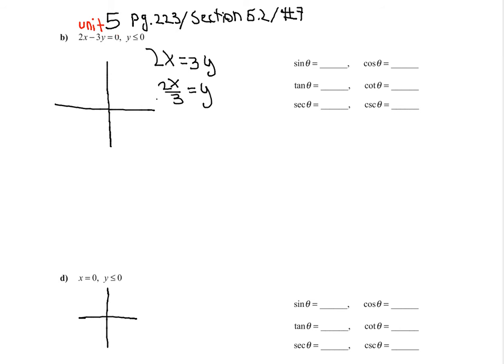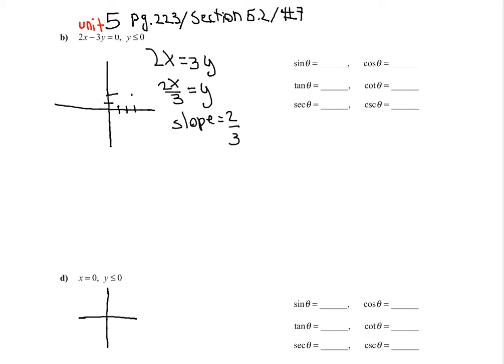And this would be our slope. So our slope would be 2 over 3. Since they're both positive, we know we have to rise 2 and run 3.